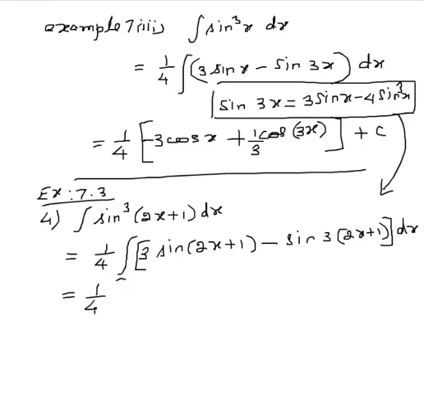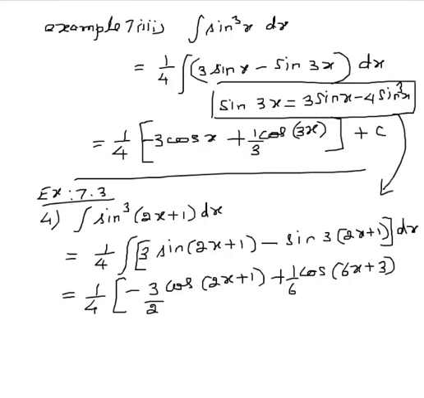Let us integrate. 3 times integral of sine is minus cos. It becomes minus 3 cos of 2x plus 1. 2x plus 1 is a linear function, so I can integrate, and divide by the coefficient of x term. Minus integral of sine is minus cos, so minus of minus plus cos of 6x plus 3.